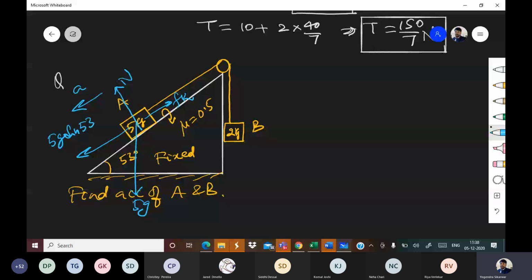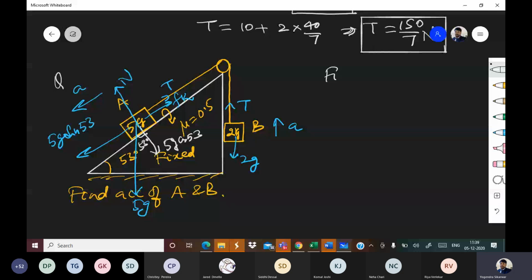Tension will be acting in this direction, which will be T. Here it is 2G and here it is A. Now I am resolving. So 5G cos 53 will be perpendicular to the surface because this angle is 53 degree.